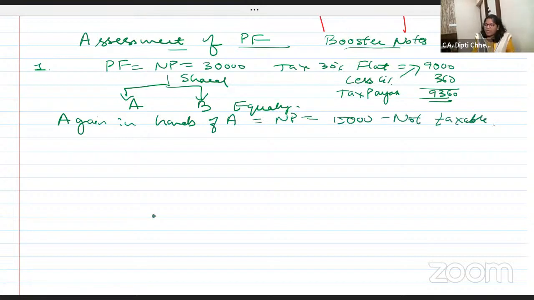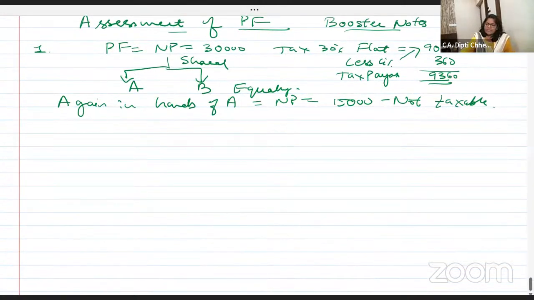Partnership firm has already paid the tax on profit. After interest remuneration सब partner को देने के बाद firm already tax pay कर रहा है. अब that profit, if it is distributed to partners, is it taxable in the hands of the partners? Answer is no. ठीक है?